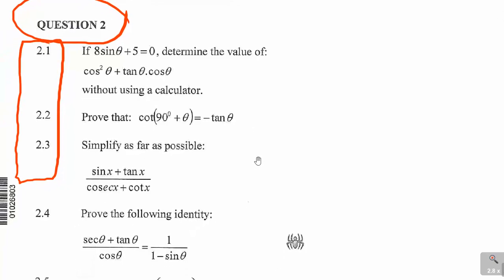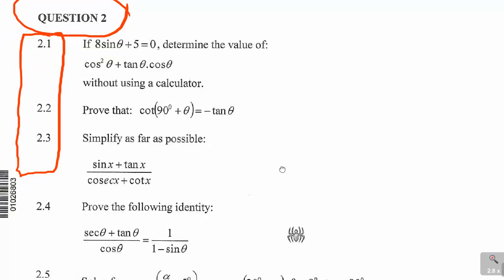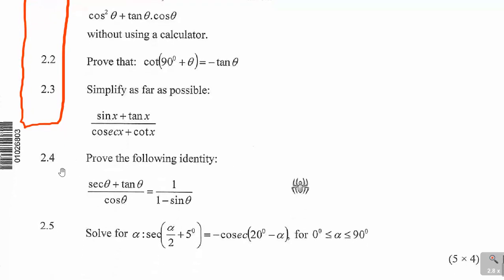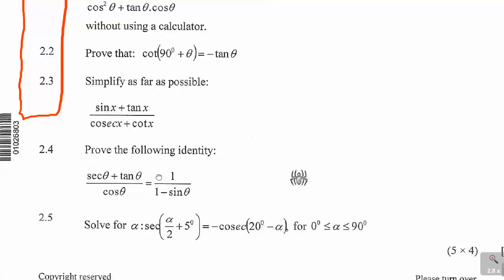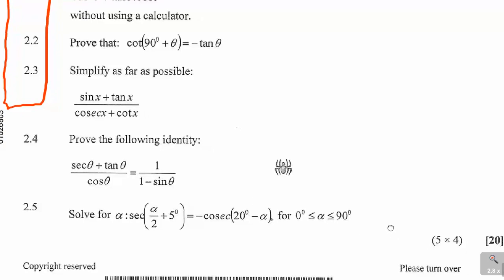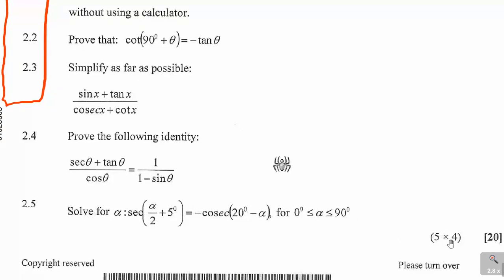In this part, I'm going to be looking at the last 2 questions, which are question 2.4 and question 2.5, and each question was worth 4 marks because there are 5 questions.